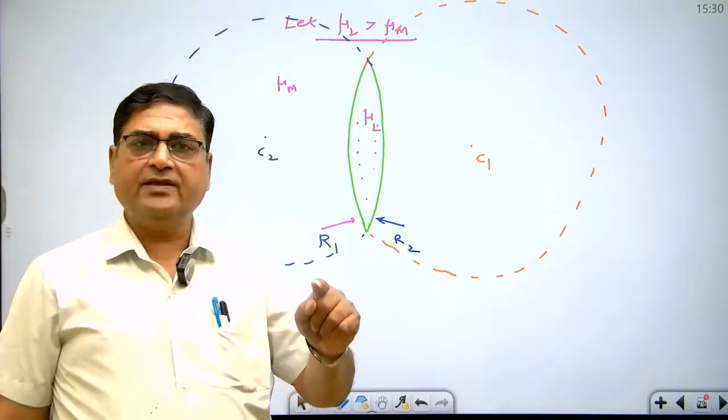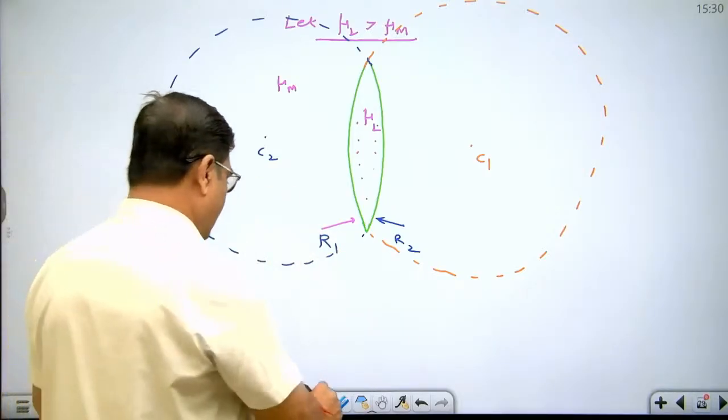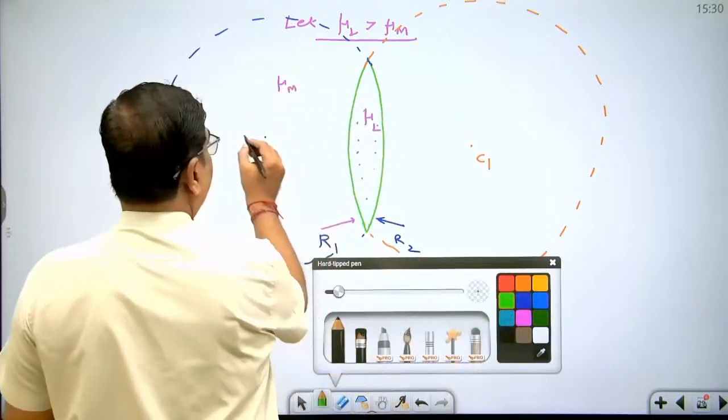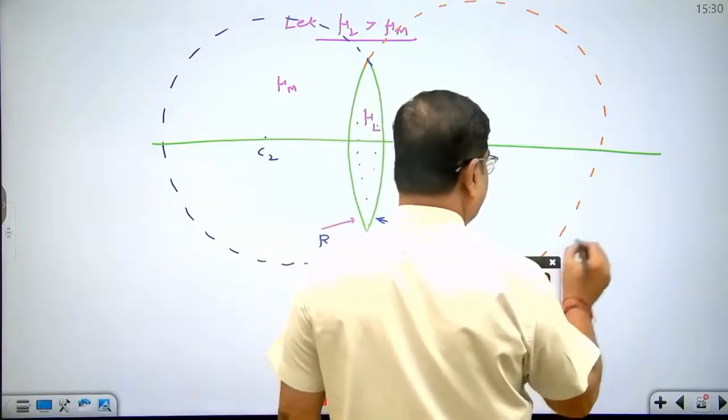The line joining C1 and C2, that is the centers of curvature, is called the principal axis.